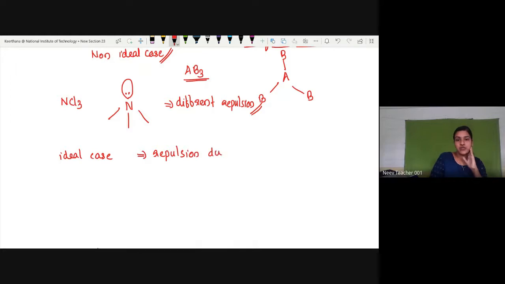Repulsion due to each bond is the same. In ideal cases, the repulsion is the same, and in non-ideal cases, the repulsion is different.